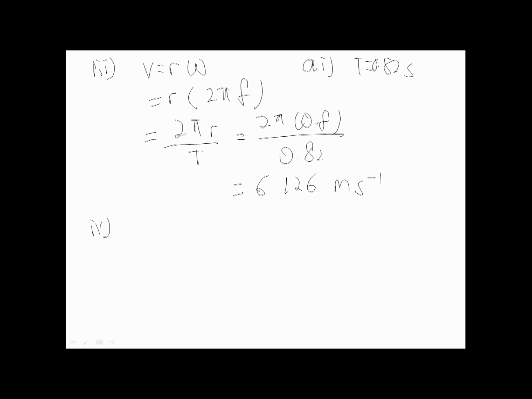Now, question number 4 wants you to find the centripetal acceleration of this system. From our definition, a is equal to r omega squared. If you don't want to use this, you can use v squared over r, so it depends on you. If I'm using v squared over r, I will straight away use the answer from part 3, 6.126, square it, and divide by r, where r is the radius of this circular motion.